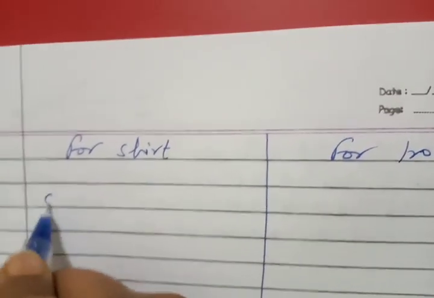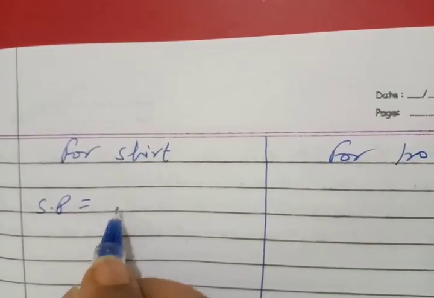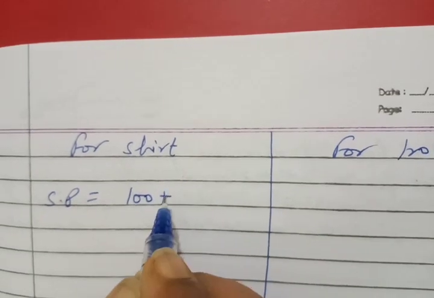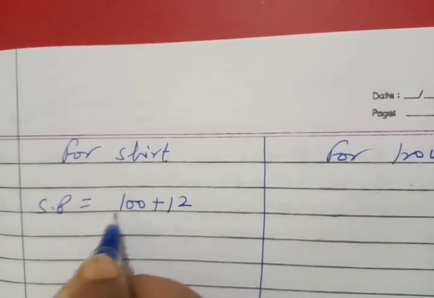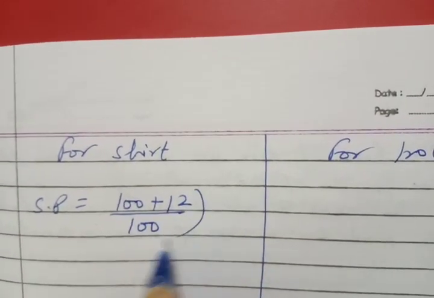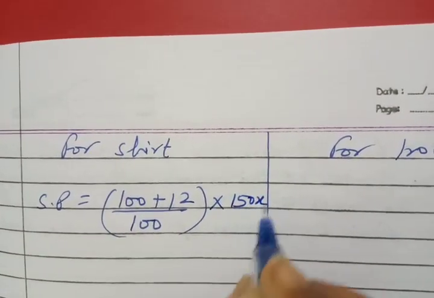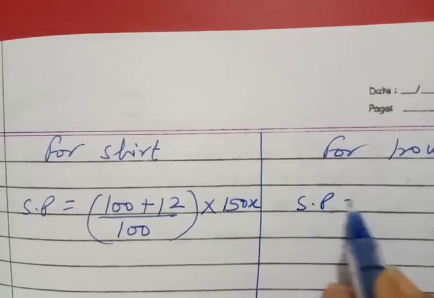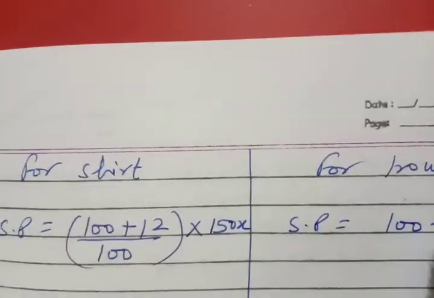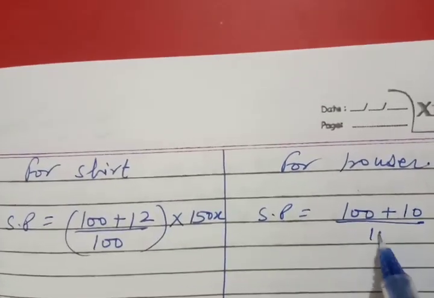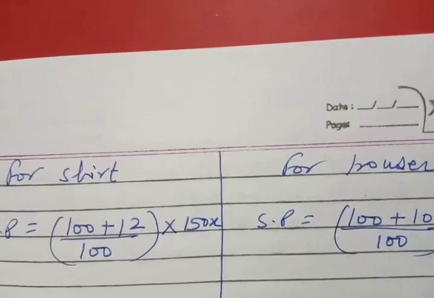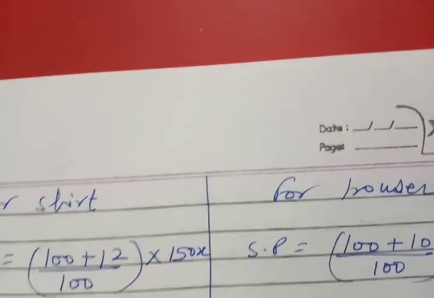For shirt, SP formula is 100 plus profit percent, profit is 12 upon 100, then bracket, and CP of shirt is 150x. And here 100, profit is 10 upon 100, bracket is there, and this is 180x.